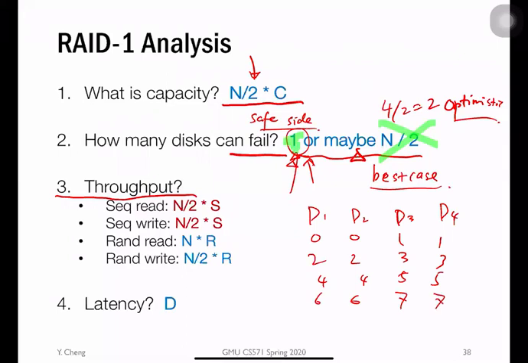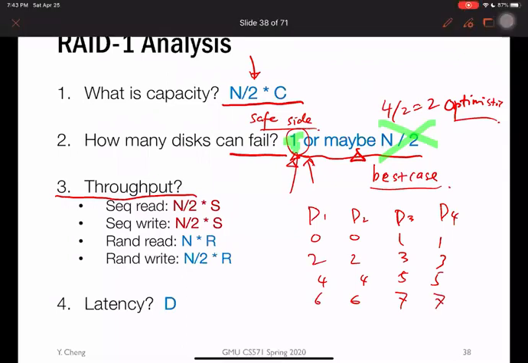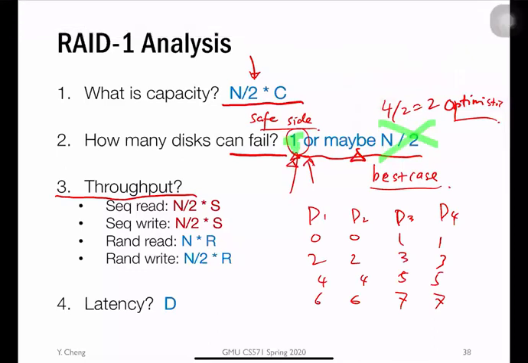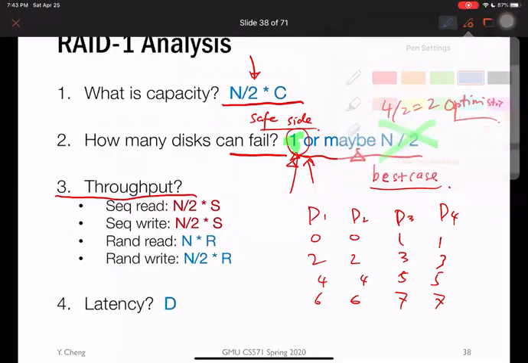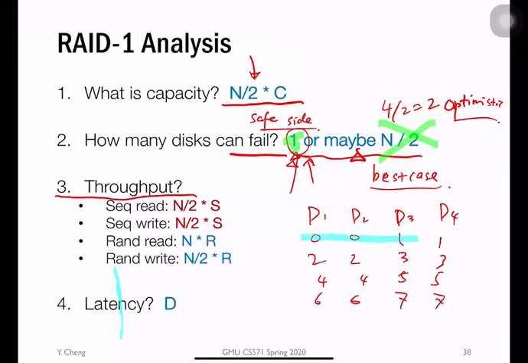Okay, redundancy. So the sequential read could read this whole stripe in one go, right? So this is sequential read.